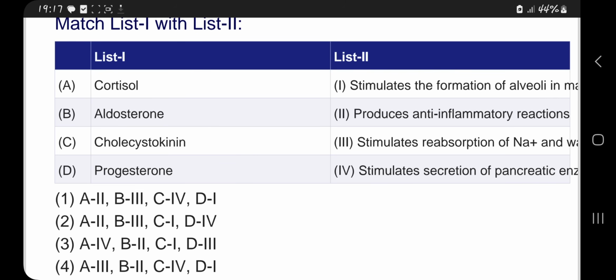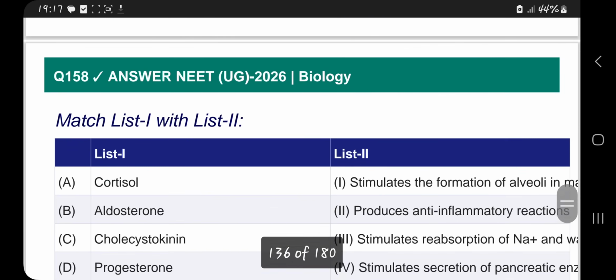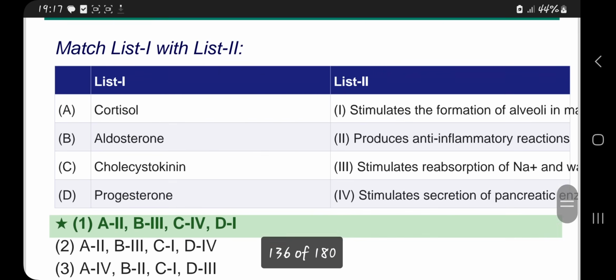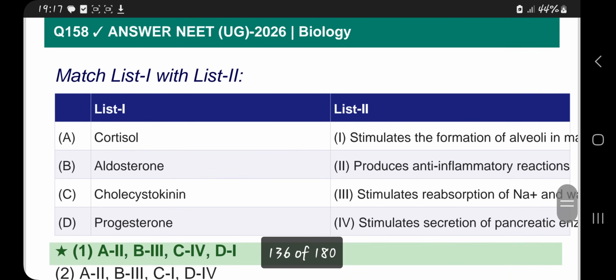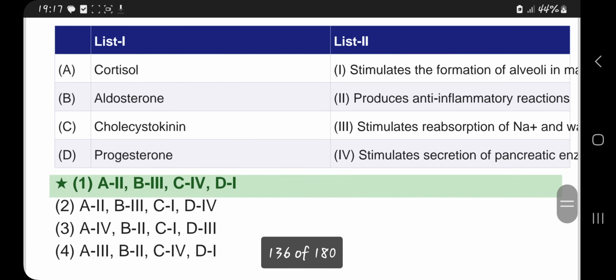D, progesterone stimulates the formation of alveoli in mammary glands. So A2, B3, C4, D1. Sorry, the first option is correct: A2, B3, C4, D1.